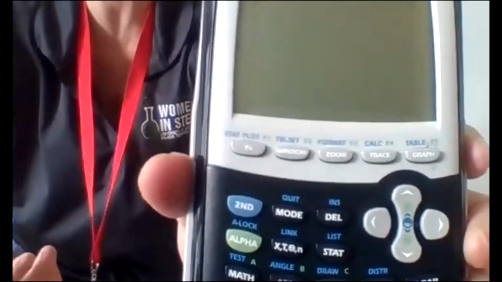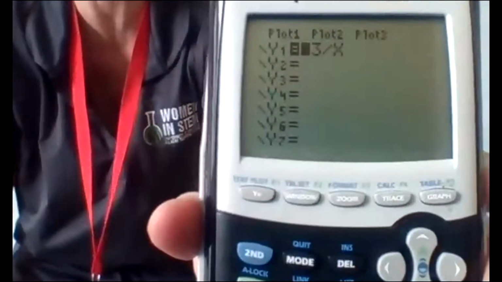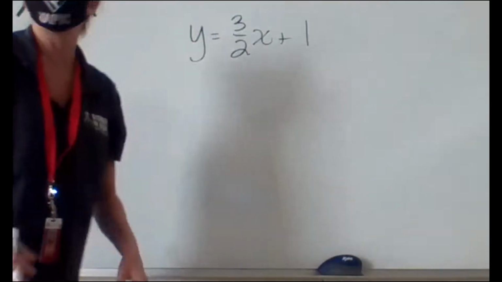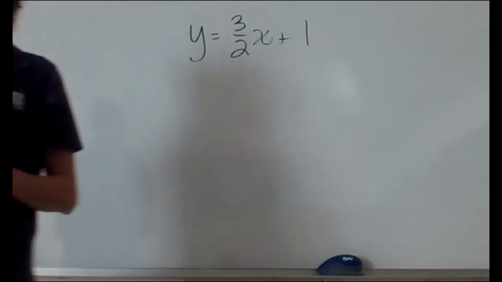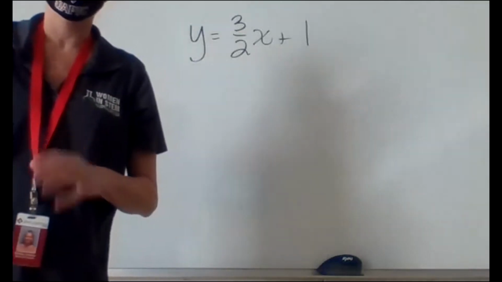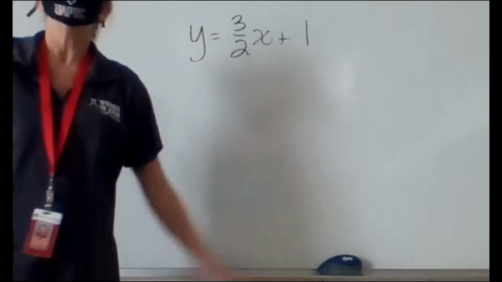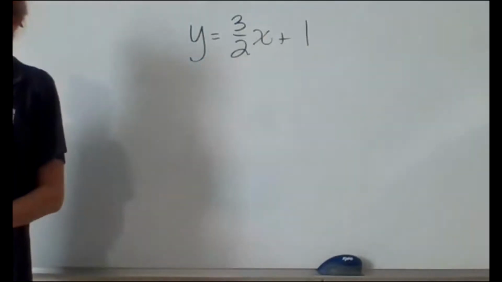That's the button you go to in order to graph, so you can't put anything in that y equals area unless you see y equals. This one is already like that.